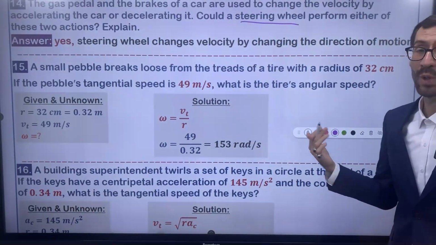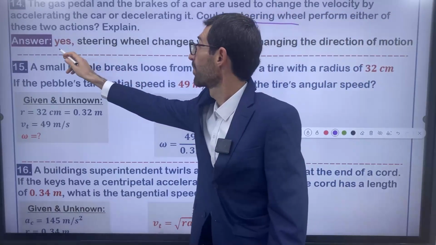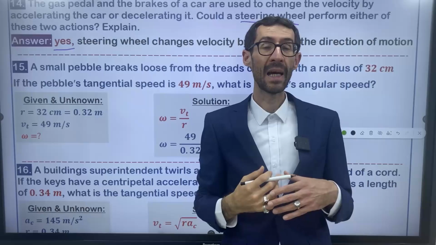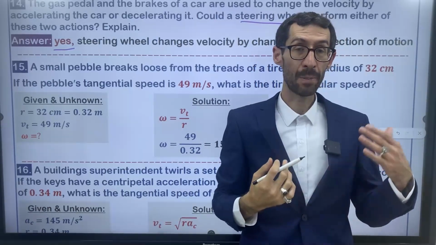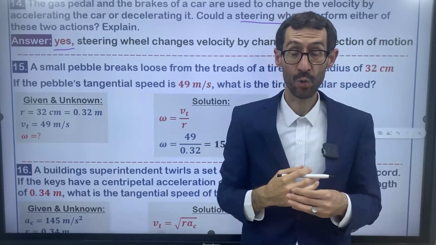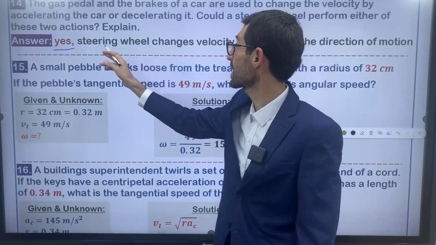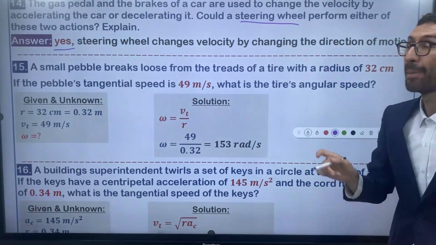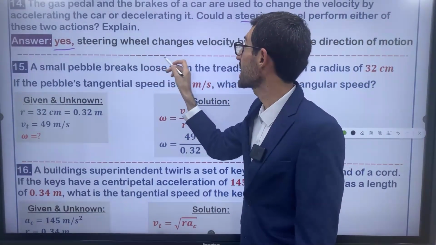Let's explain it. Can I say a steering wheel can be an alternative for the brake pedal and the gas pedal as well? Yes, a steering wheel changes velocity by changing the direction of motion.